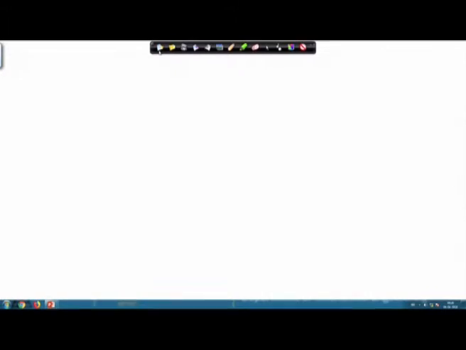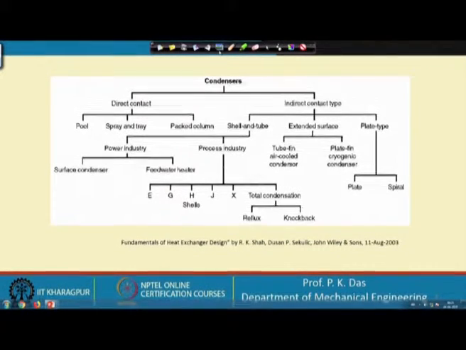Those are different kinds of shell structures, E, G, H, J, X, etc. Not all of them, but at least some of them we will see later on.